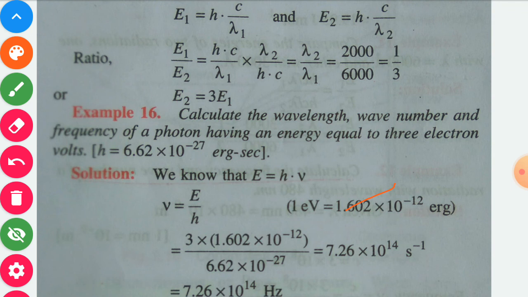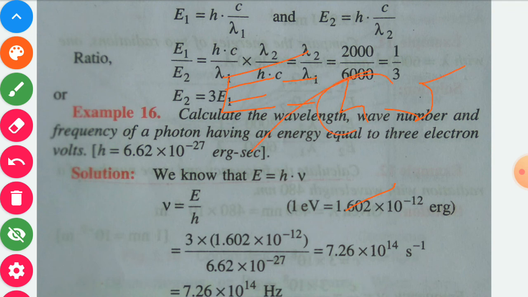So we may find the things, that is wavelength, wave number and frequency. So first of all, frequency, as we know that E is equal to h nu.